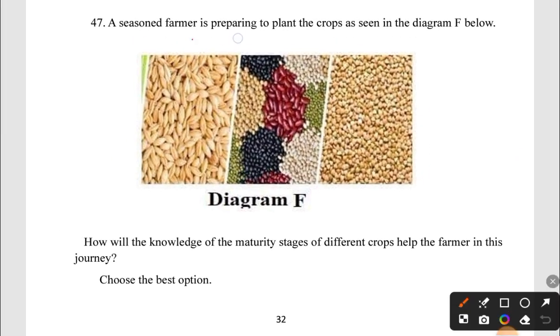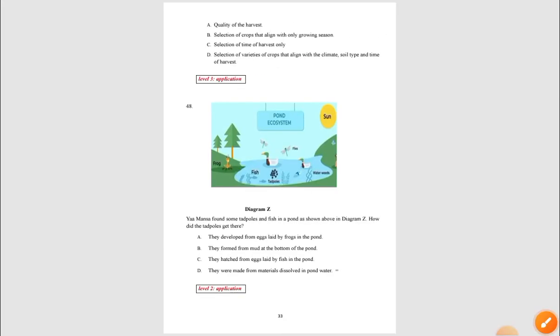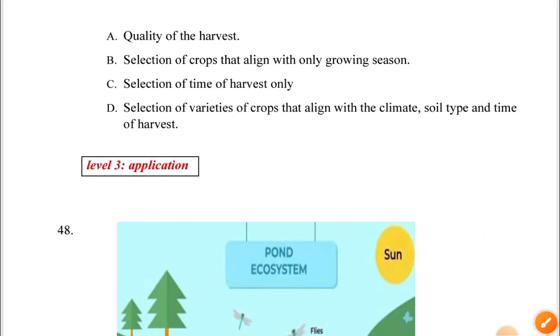47. A seasoned farmer is preparing to plant the crops as seen in this diagram F below. How will the knowledge of the maturity stages of different crops help the farmer in this journey? Choose the best option. The importance of crop maturity to the farmer.